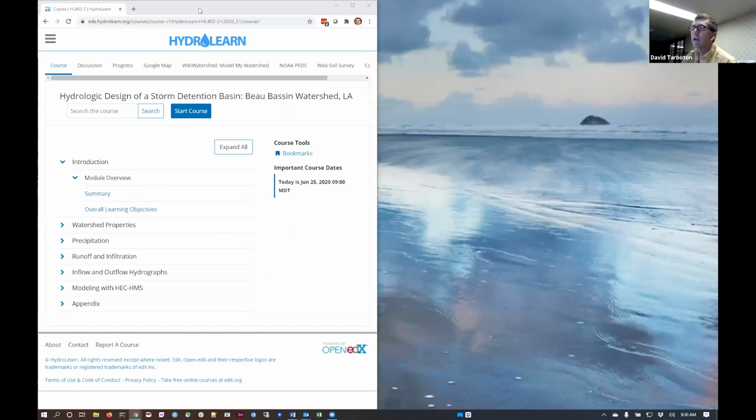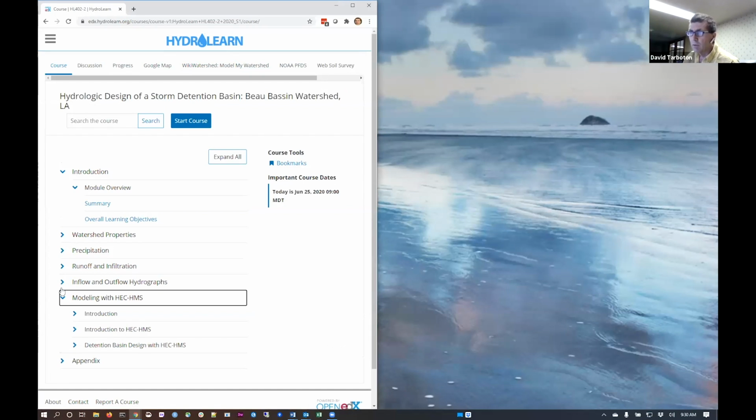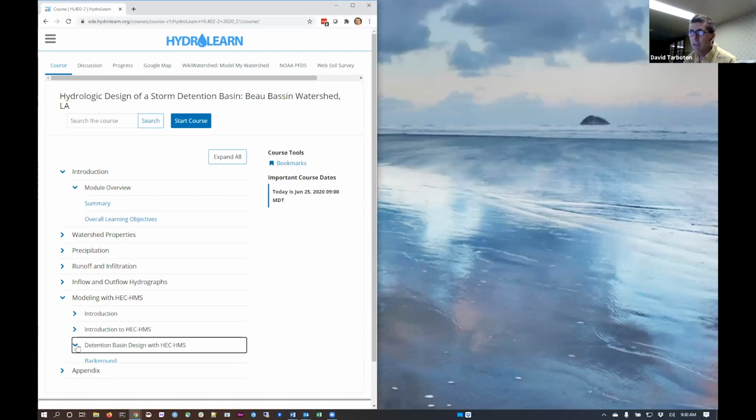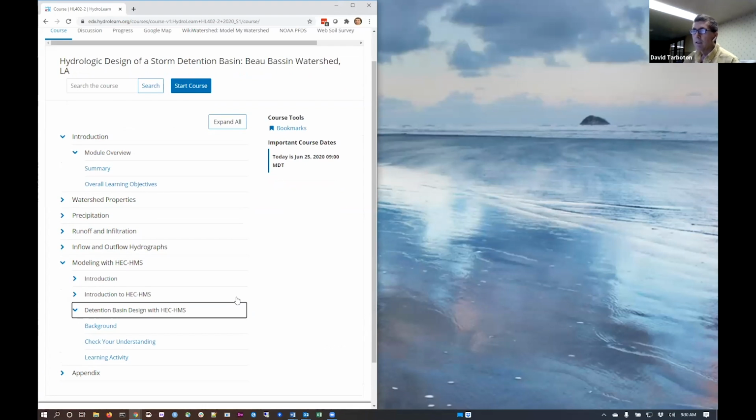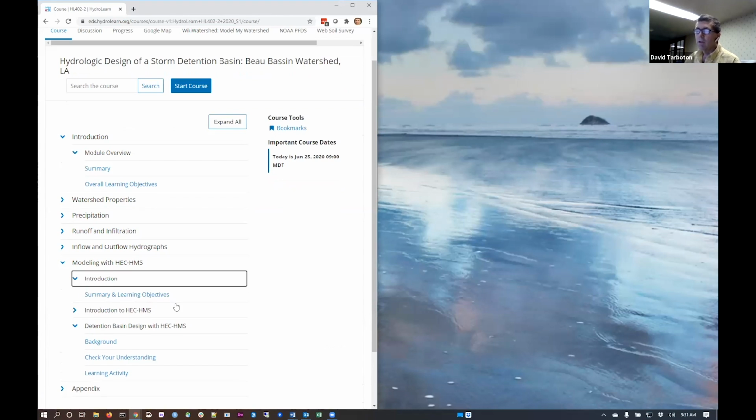So here I'm in Hydrolearn and the Beaubassin module, which has a number of sections. The one we're going to focus on is right towards the end, where there's modeling with HEC-HMS and the detention basin design part, but we should really expand the introduction part to get the learning objectives.